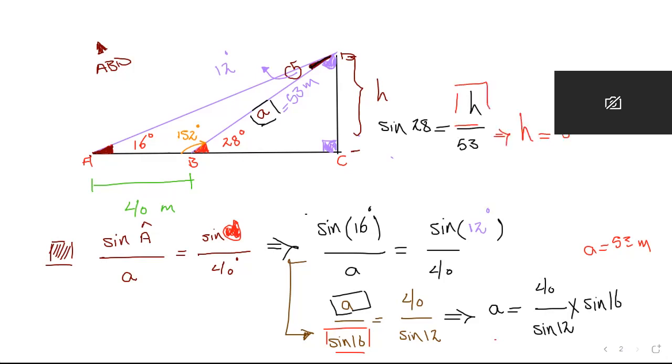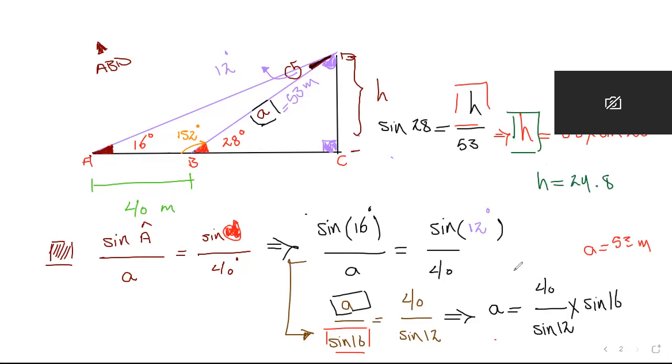That's right, 53 times sine of 28. And now we find another method to find the value of the height. Can you do that on a calculator to see how much we get? 24.8 only. Something similar to the first one.